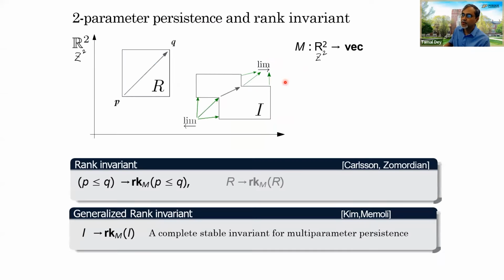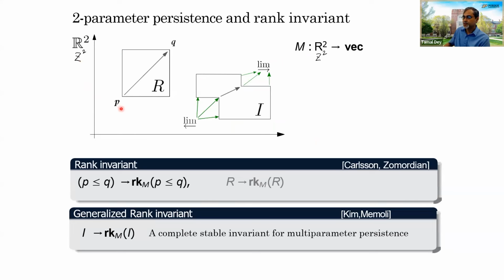So what we know is the following. For a two-parameter persistence module, suppose its poset is either R^2, or, the way I was showing, you can also take it as the Z^2 grid.